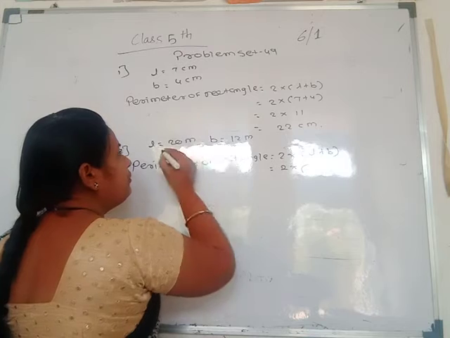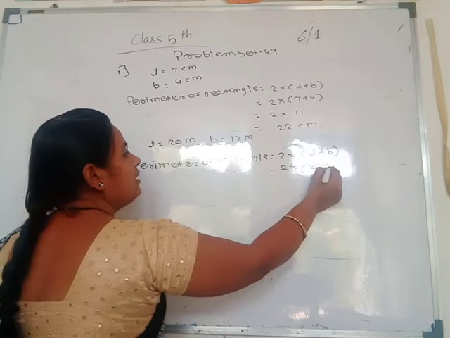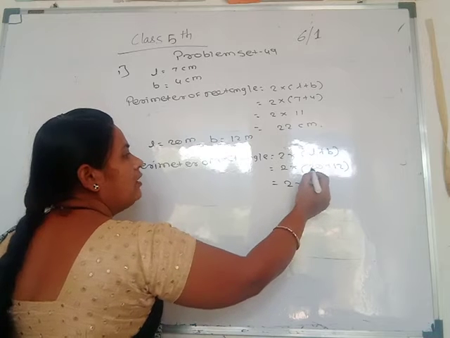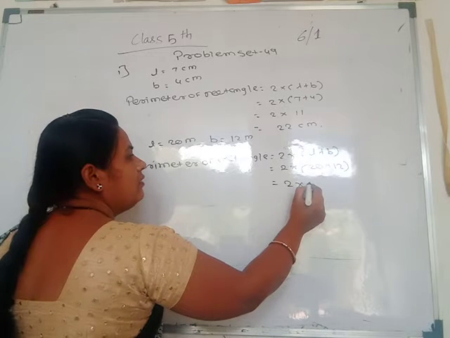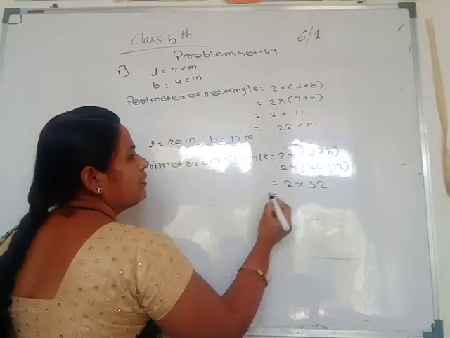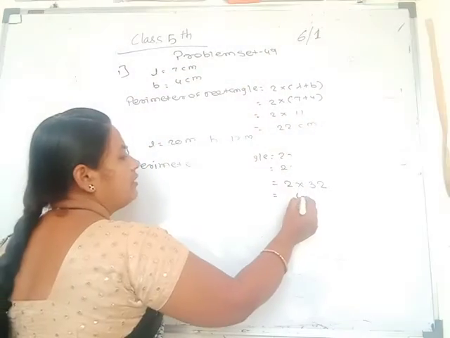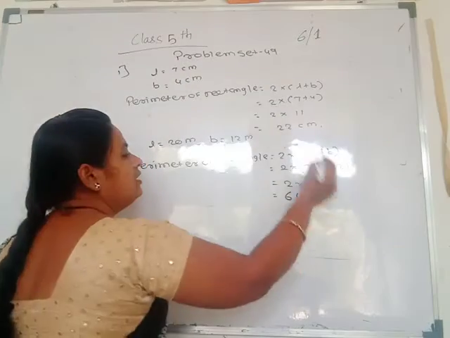Put the values: 2 into (20 plus 12). Solve 20 plus 12, which is 32. Then 32 into 2 is 64 centimeter.